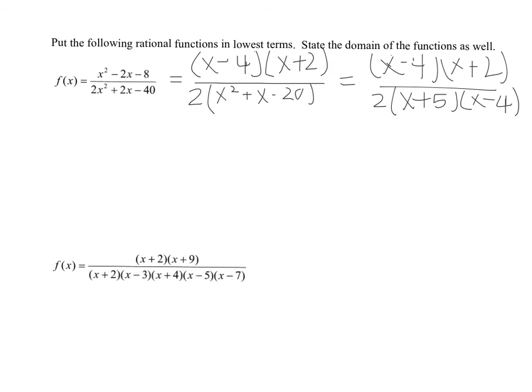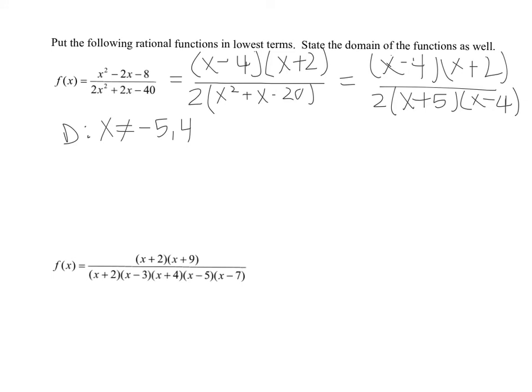Now before we find any common factors that cancel, we want to go ahead and state the domain. I want to find the values that make my denominator 0. So I have x plus 5 and x minus 4. My domain, the values of x that I'm going to exclude: x cannot equal negative 5 or 4. Now we can go ahead and cancel out common factors.